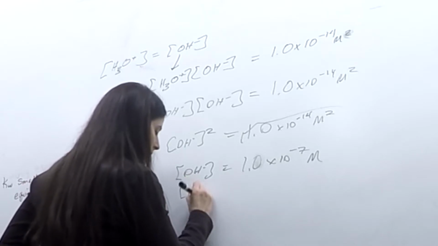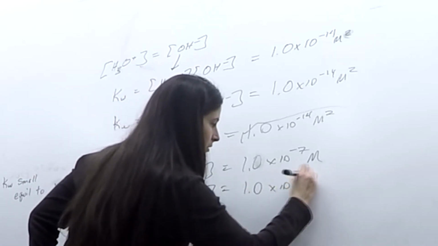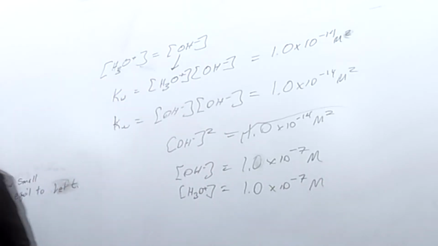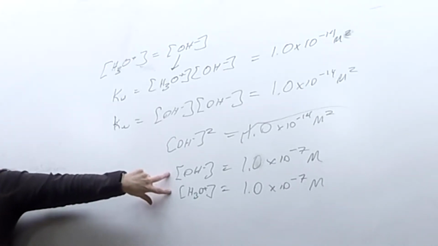And since the concentrations are equal, it's also 1 times 10 to the minus 7. This will help us in a solution where we add an acid or a base to it and make a solution, because the concentrations here are no longer going to be equal.